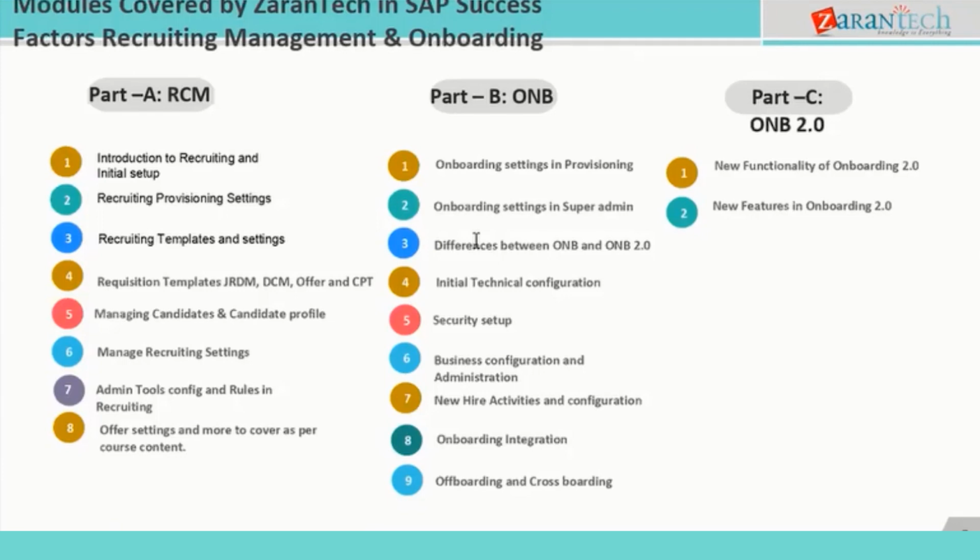In recruiting, they can integrate the onboarding module and Employee Central as well. The reason is, if they integrate these modules, they can flow the candidate from recruiting to onboarding to Employee Central. Then the employee number gets generated in Employee Central. For that reason, they can integrate these modules.